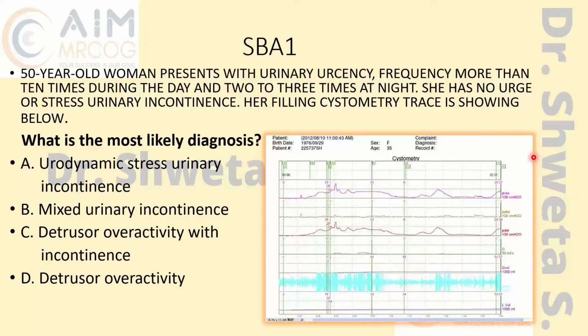I don't think that's the answer because there is detrusor activity. Very good. Mixed urinary incontinence is not it. Detrusor overactivity with incontinence? I don't see any incontinence here, so that's not it. Very good. It's probably just detrusor overactivity, D.